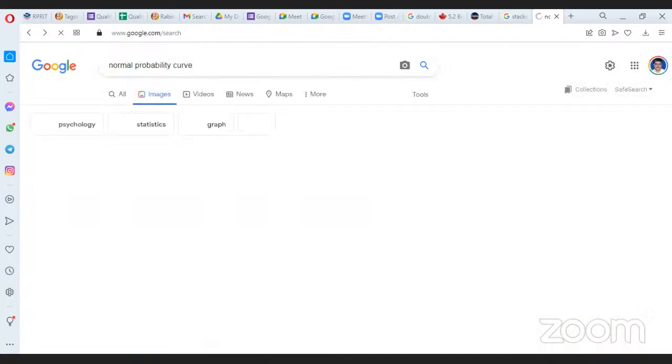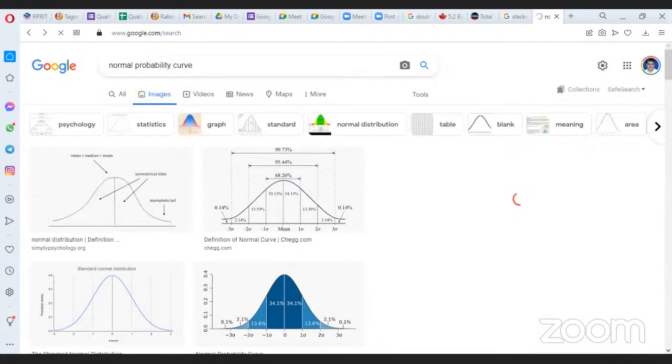This error means standard error. The standard error of the mean will be reduced when your sample size is large.